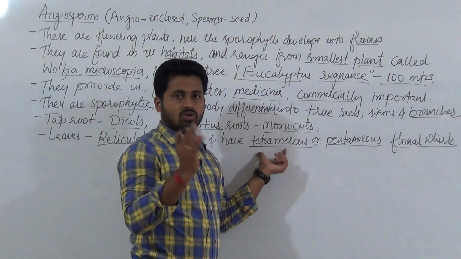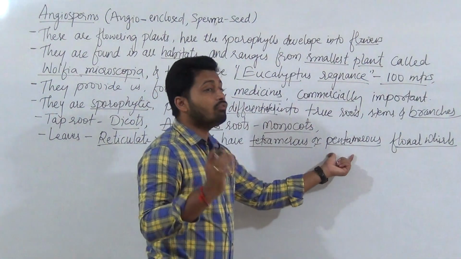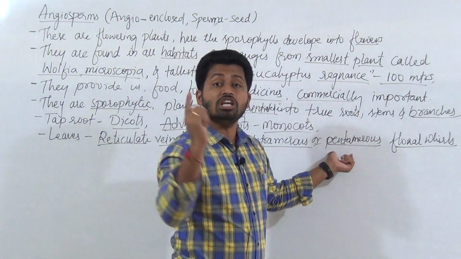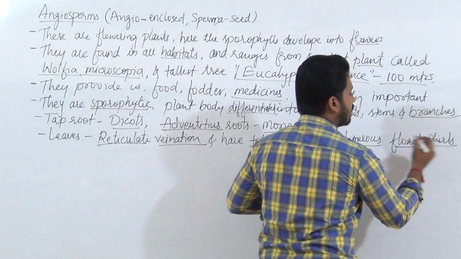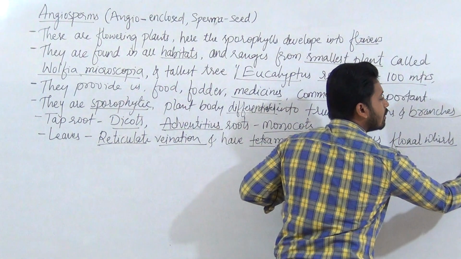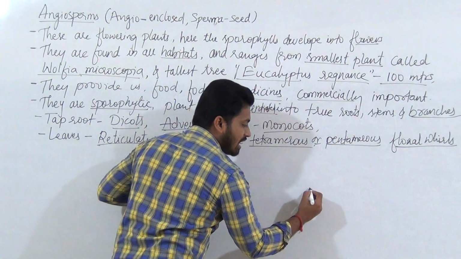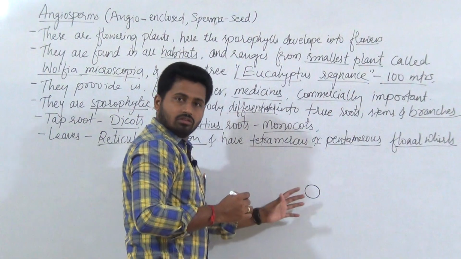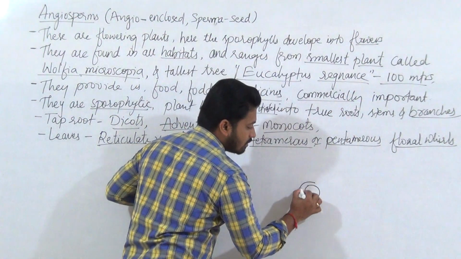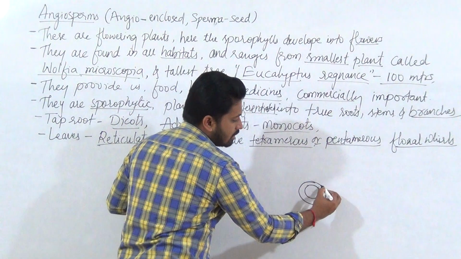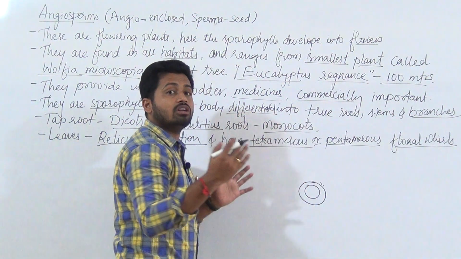4 members, okay, 4 petals may be there or 5 petals may be there, in each floral whorl. For example this is our flower, suppose this is the gynoecium, androecium is on this side. Here the anther, stamen grow, like that.